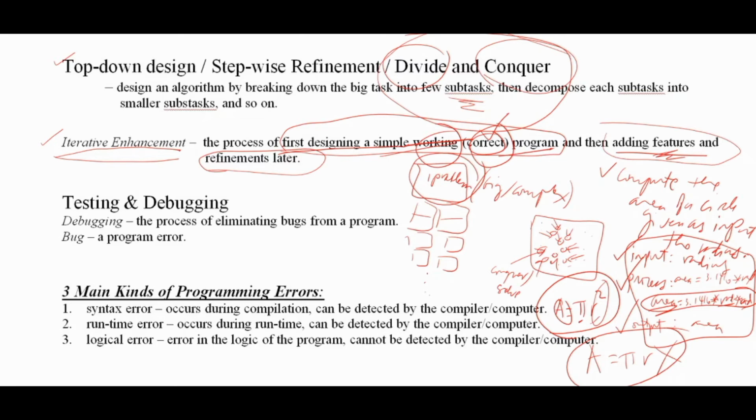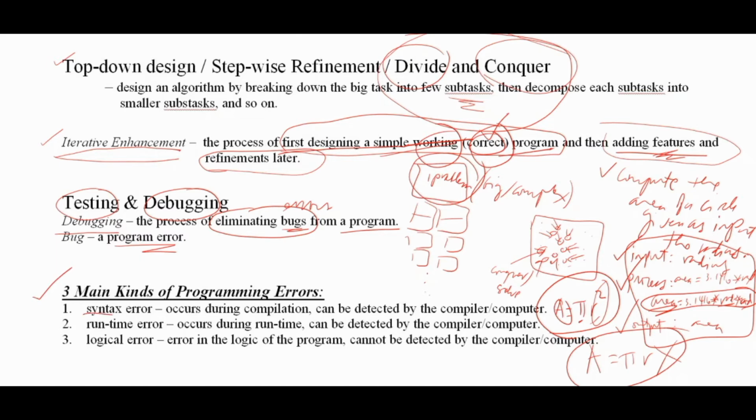The next term here is testing and debugging. What are these terms? Debugging is the process of eliminating bugs from a program. What is a bug? A bug is a program error. So testing or debugging is simply the process of eliminating errors from a program. And there are three main kinds of programming errors.